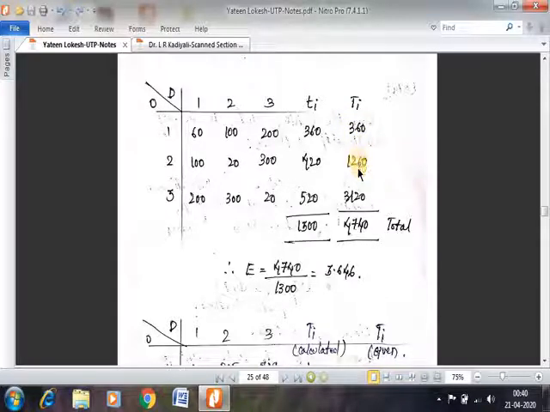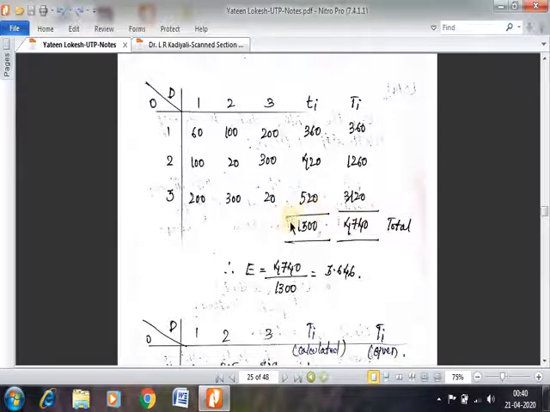From zone 2 there are expected to be around 1260 trips, and from zone 3 we are expecting around 3120 trips to take place. The sum total of all these, that is summation capital T i, is 4740. These are the total number of trips. Now to do the trip distribution, we need to match this 1300 with 4740.